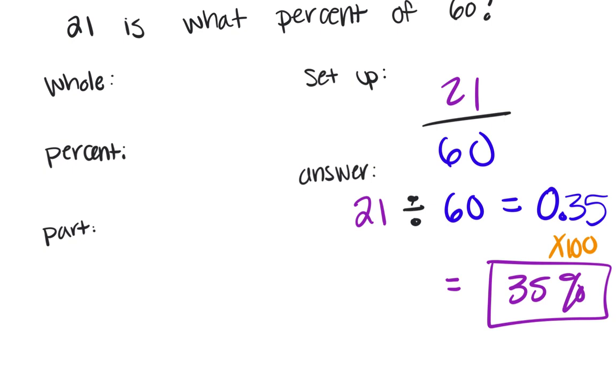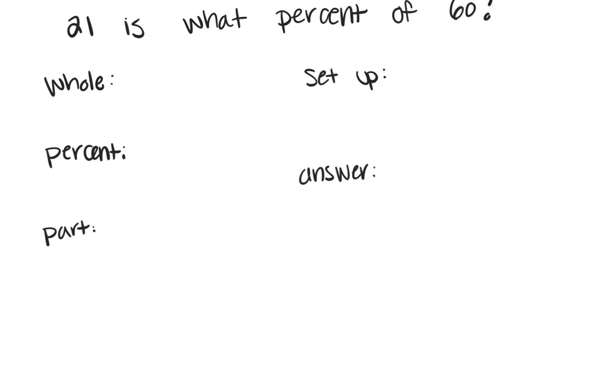So, is over of equals percent over 100. Or if I'm looking for a percent, I can change a fraction to a decimal to a percent, and I don't even have to do the cross multiplying. Okay, I'm going to show you one more way real quickly. So the other setup we have is the part is equal to the percent divided by 100 times the whole.